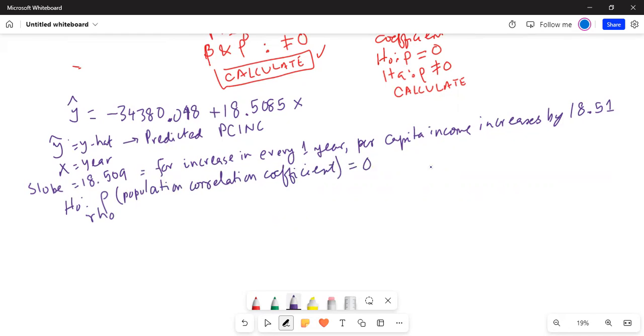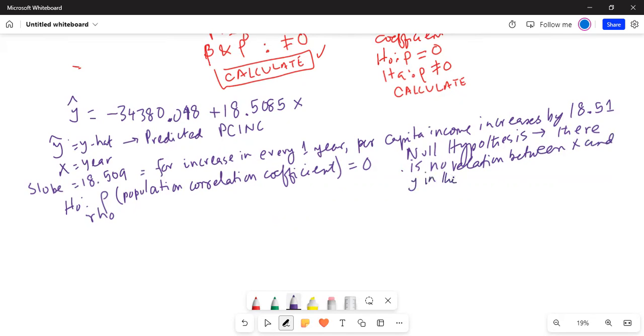What does it mean? Status quo or null hypothesis: there is no relationship between x and y in the population. And your alternate, H sub A, is rho not equal to 0.